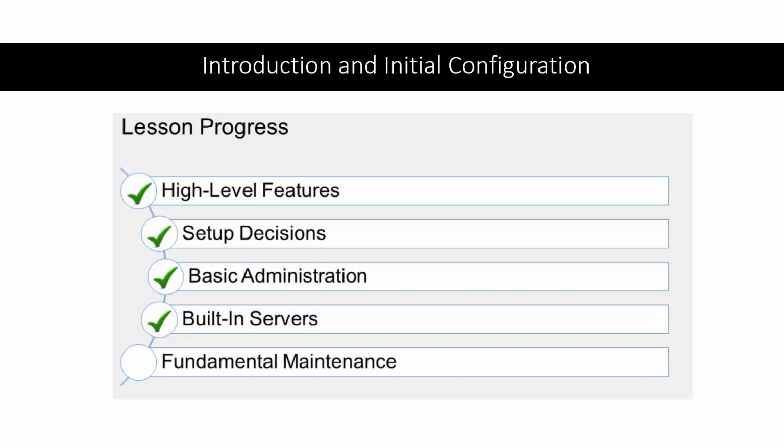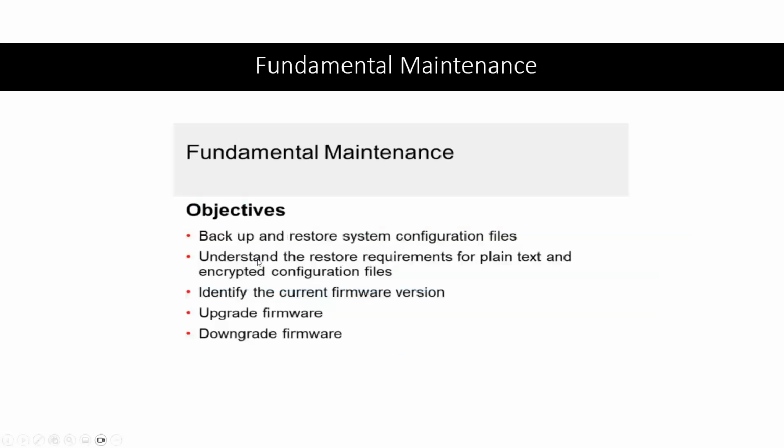We talked about the different options within DHCP, and of course how it is relatable to what features Windows Server offers. Last but not least, we're going to go over fundamental maintenance, things we need to understand as an appliance, since the FortiGate will operate as both a virtual machine and, of course, hardware. Okay, let's dive in.